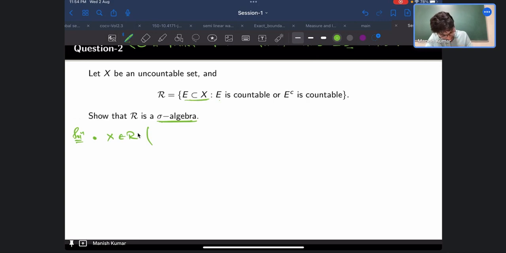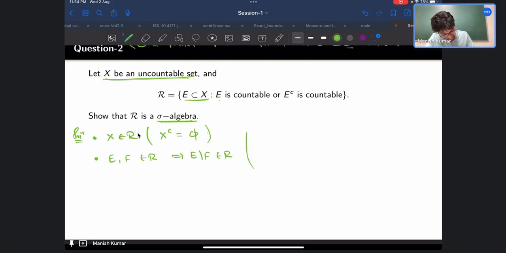So if you see this X complement, this is nothing but phi, and X is uncountable. So we cannot directly say that X is countable, so X belongs to R, but we know that the X complement is phi and this is countable, so X belongs to R. Now choose E and F in R, and you have to make sure that E minus F belongs to R, right?